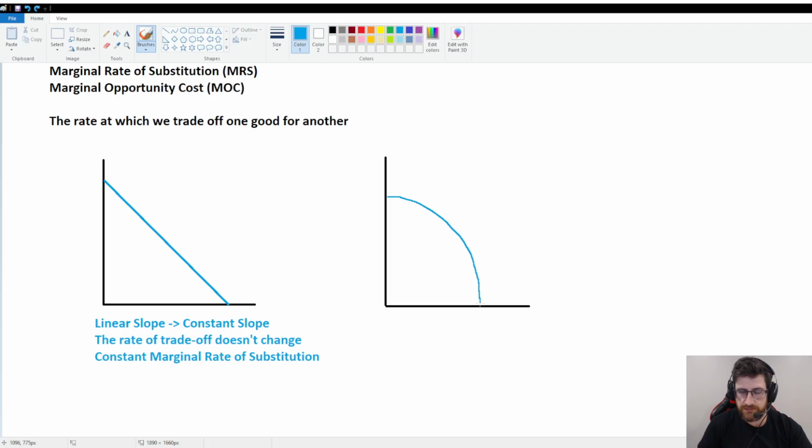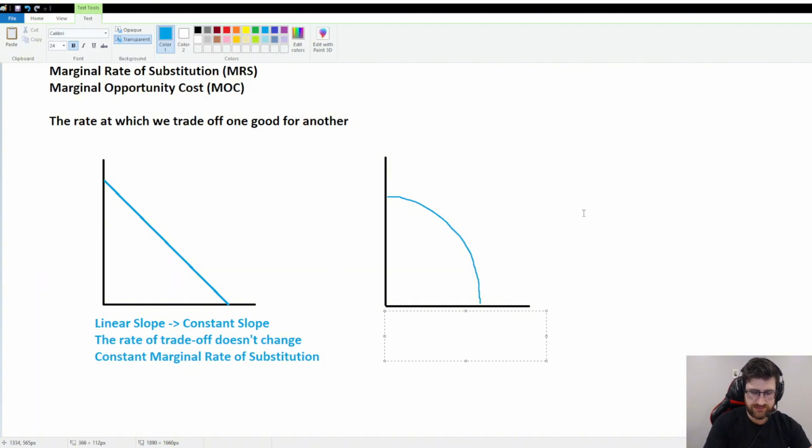Oh, that's a much better one, right? We get this curved shape. And when we get a curved shape, we often will describe this as a curved slope, all right? Some might call this concave, is probably the word that textbooks are likely to use. And what's interesting about this is that the slope is changing, right?